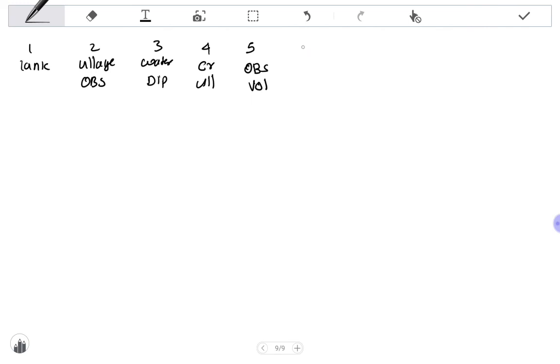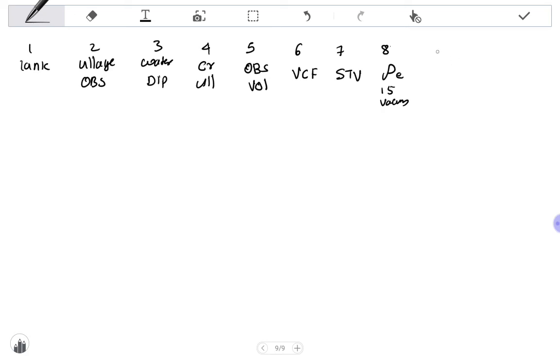Now the sixth one is VCF, volume correction factor. Okay, now the seventh one is standard volume. Now the eighth one is density at 15. This is what? Vacuum.